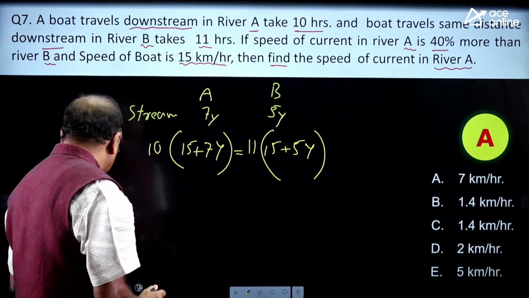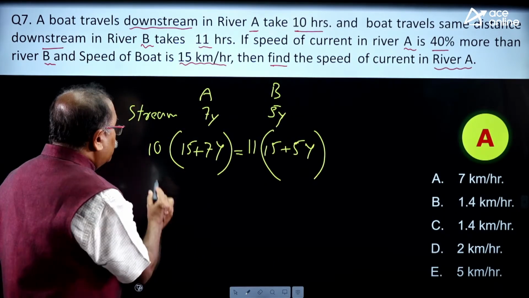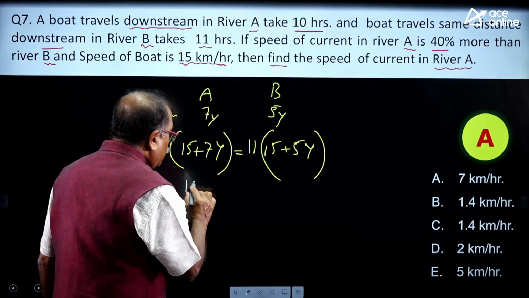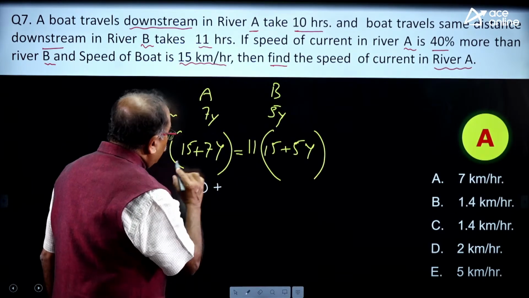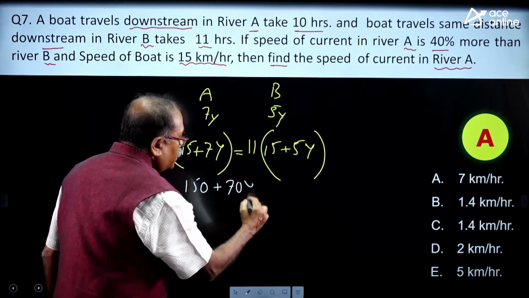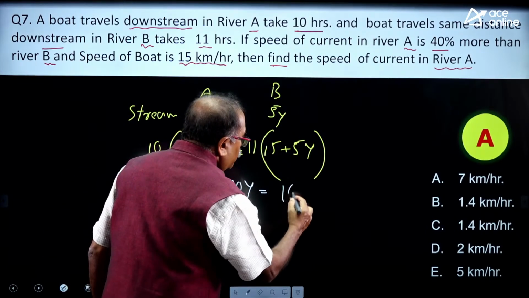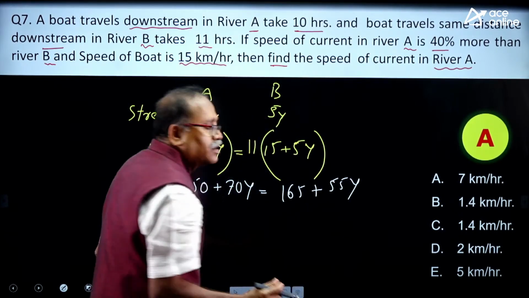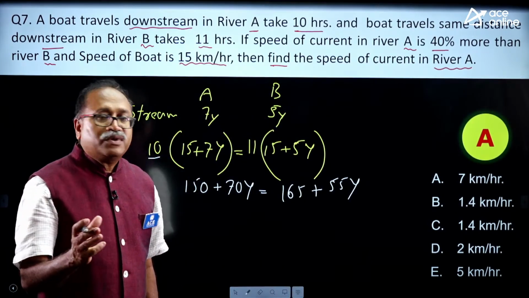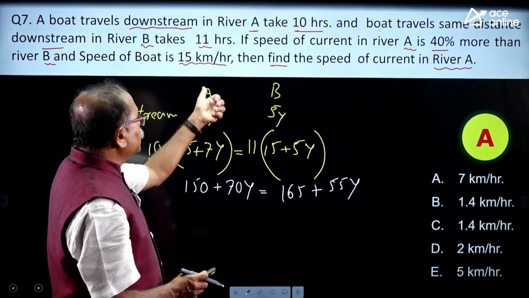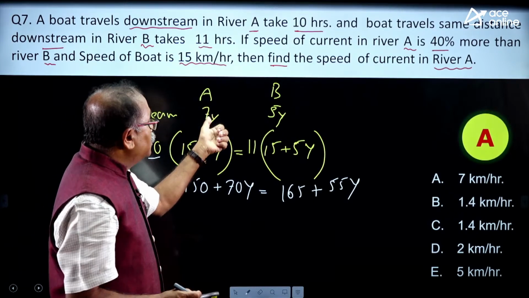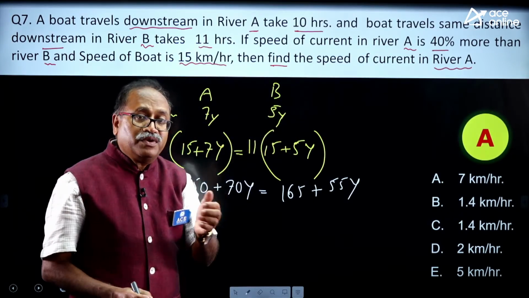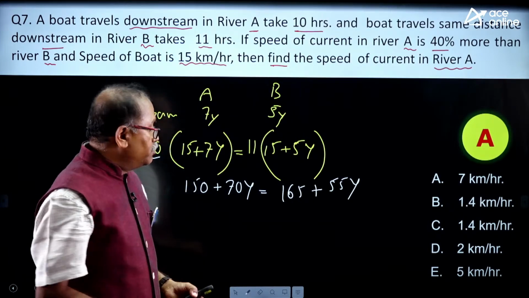Dharani has rightly answered the question. This is 150 plus 70y, which is equal to 165 plus 55y. Can't I get the y value? And once I get the y value, I can find out the speed of stream A, or the stream speed of river B. So let's find out how much is y.